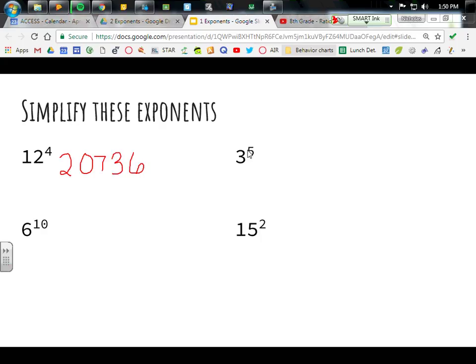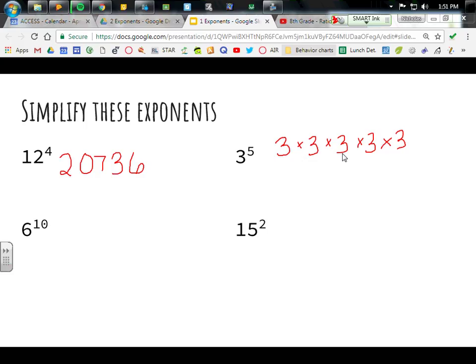Why don't we try 3 to the 5th by hand? 3 times 3 times 3 times 3 times 3. All right, so 3 times 3 is 9. 9 times 3 is 27. And this may be where we want to start writing things out.